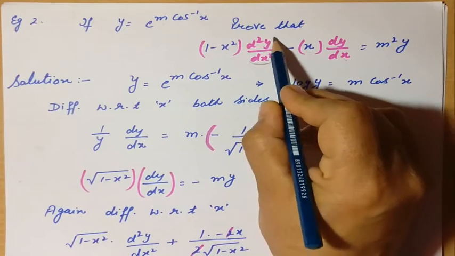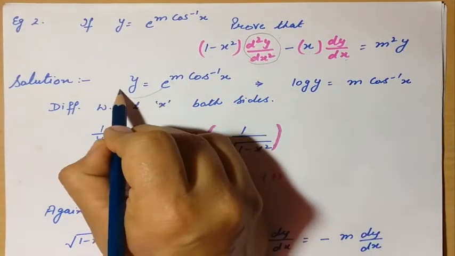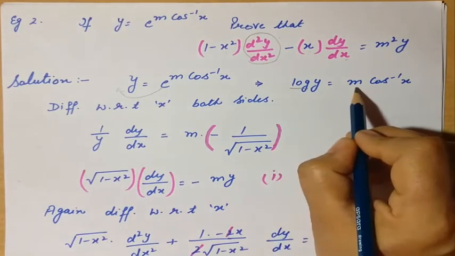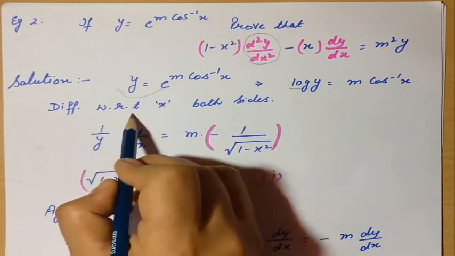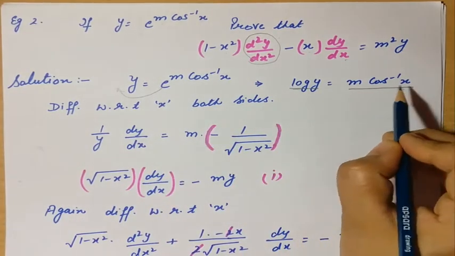Again we are having a big hint from the statement that we will do the double differentiation. Now when e shifts to that side, it will give the log term. So log y will be equal to m cos inverse x. Now we will differentiate with respect to x because both left hand side and right hand side have a single term.